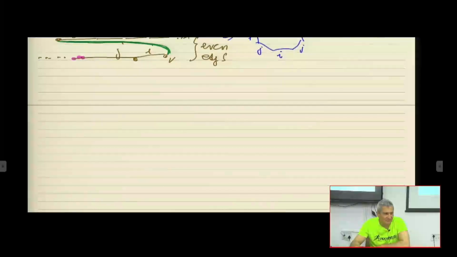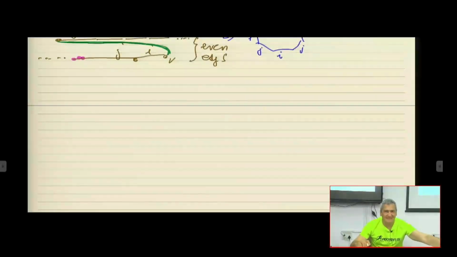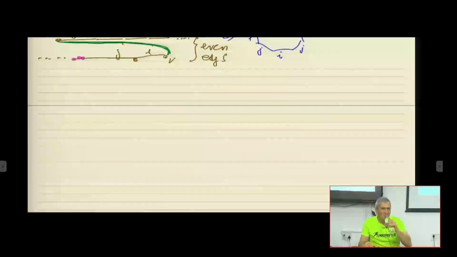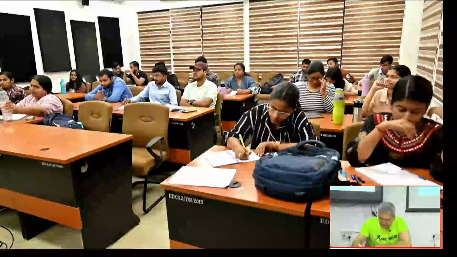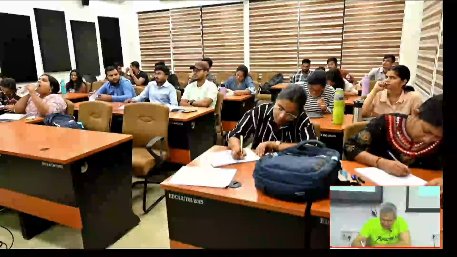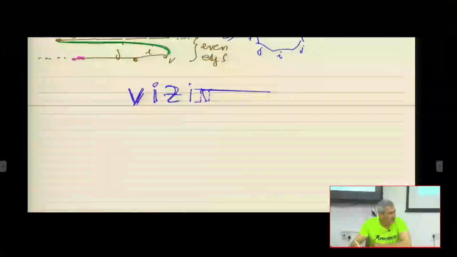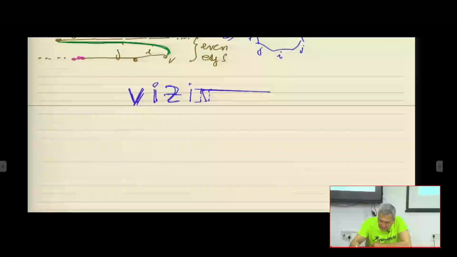What is the next theorem? What is the most important theorem? I call it Vizing. You call it Vizing. Okay, whatever. Look how unexpectedly it moves.